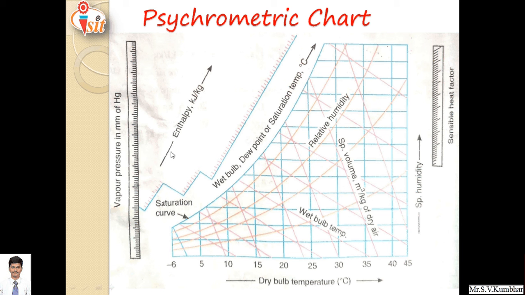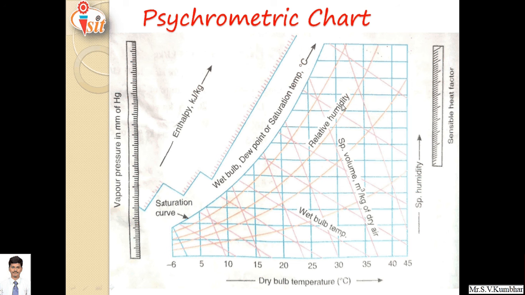Next, enthalpy: these values represent enthalpy in kilojoules per kg. Next, vapor pressure in mm of Hg: this scale represents vapor pressure, which is not part of the main chart and is drawn outside.